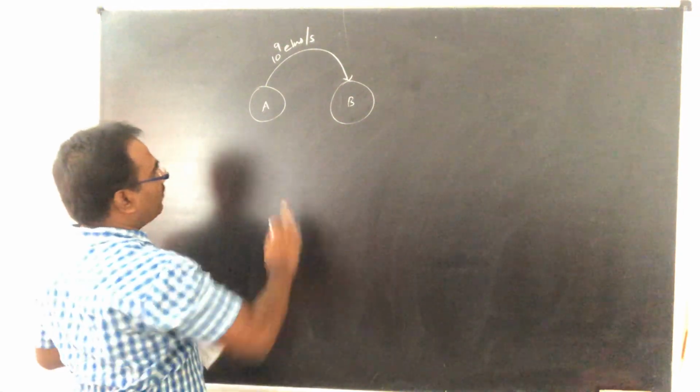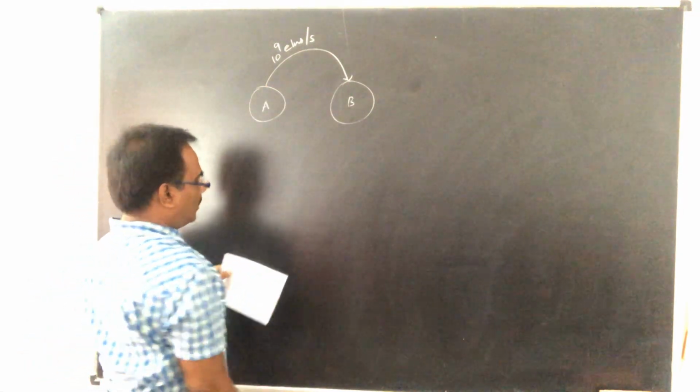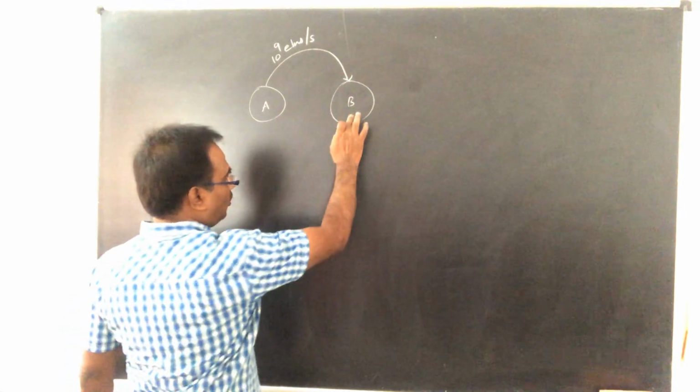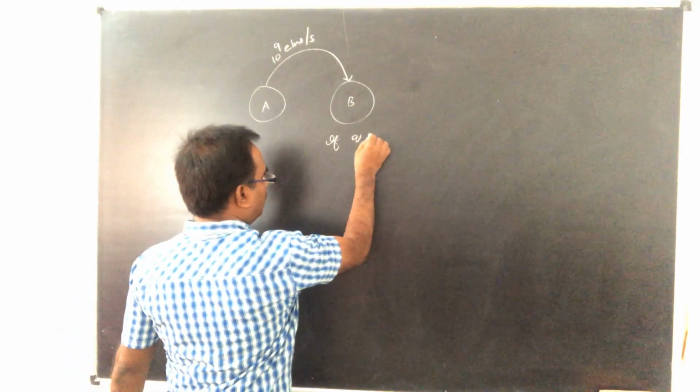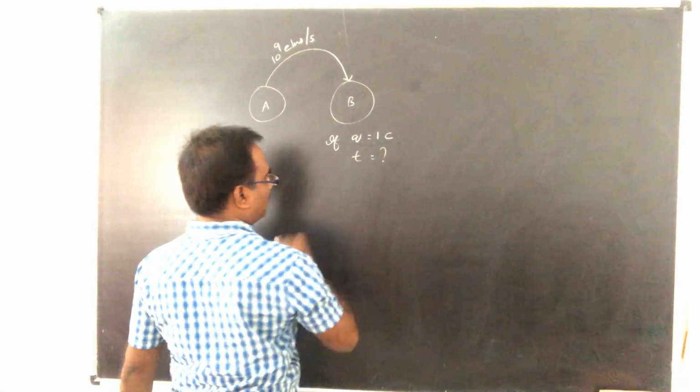So this many electrons get transferred from one body to another in 1 second. Now the question is, if this body is to get 1 coulomb, how much time is required? So this is the problem.